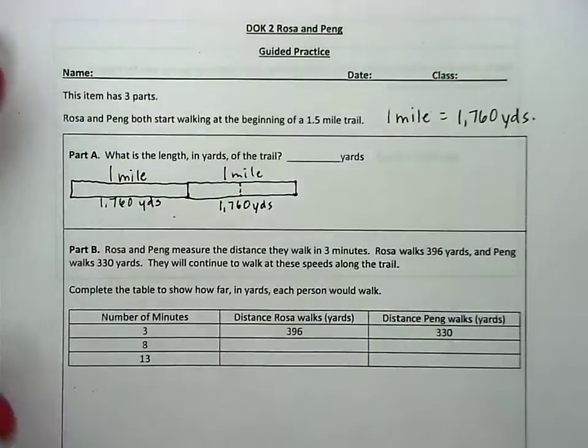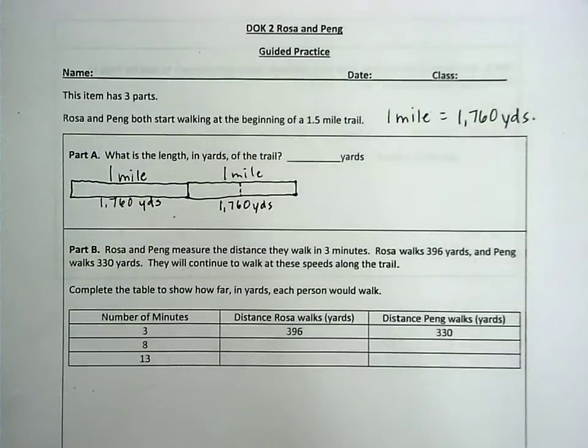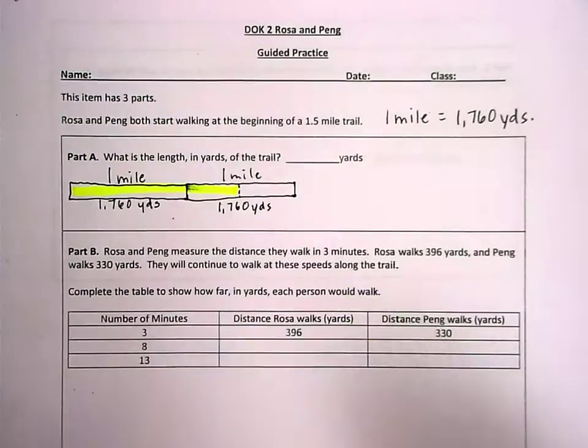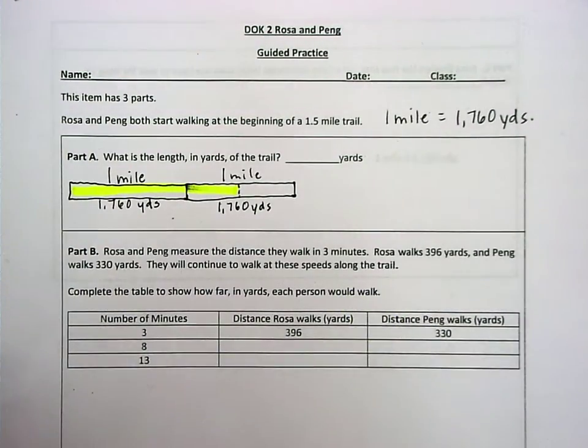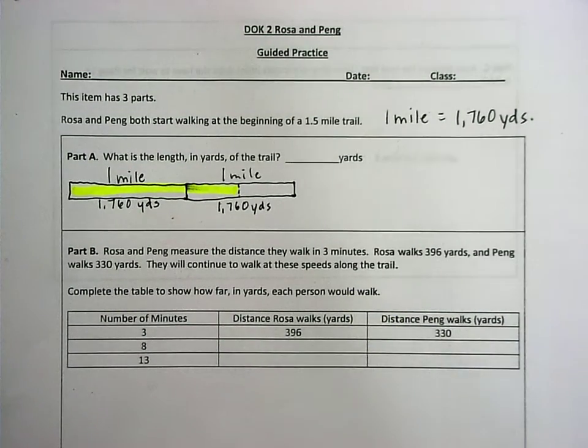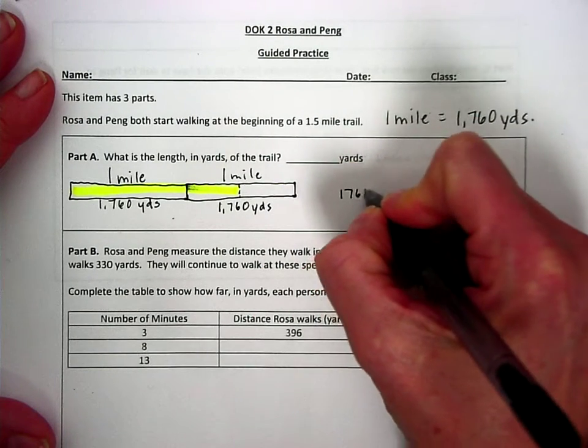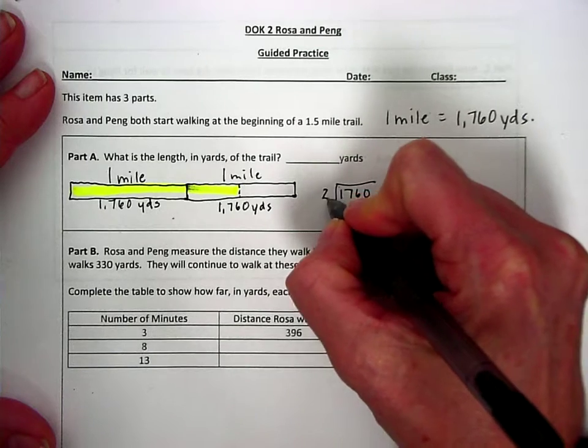Okay, so they only want to know this section right here. So I have to figure out what half of 1,760 is. So I would say 1,760 divided by 2.